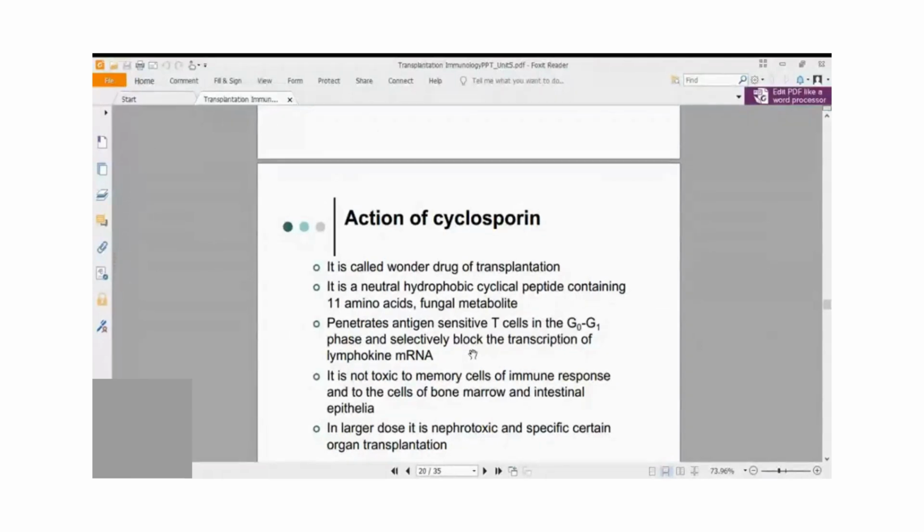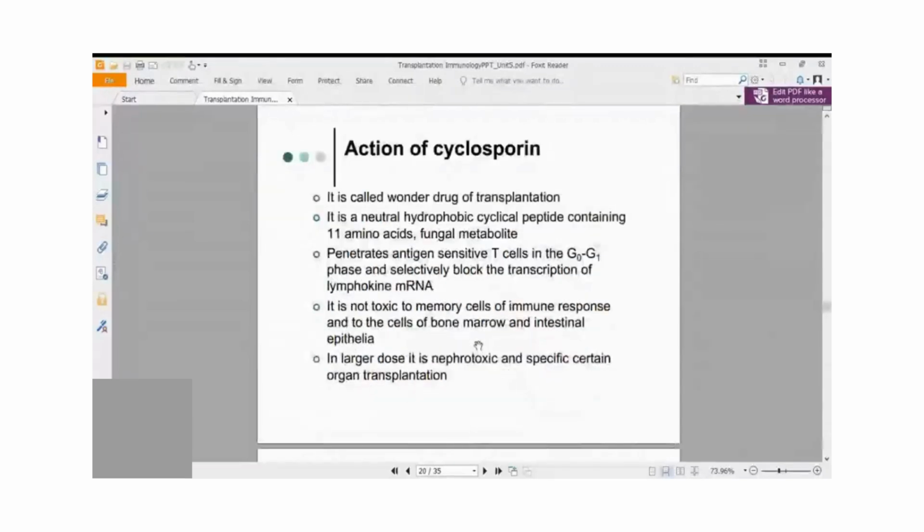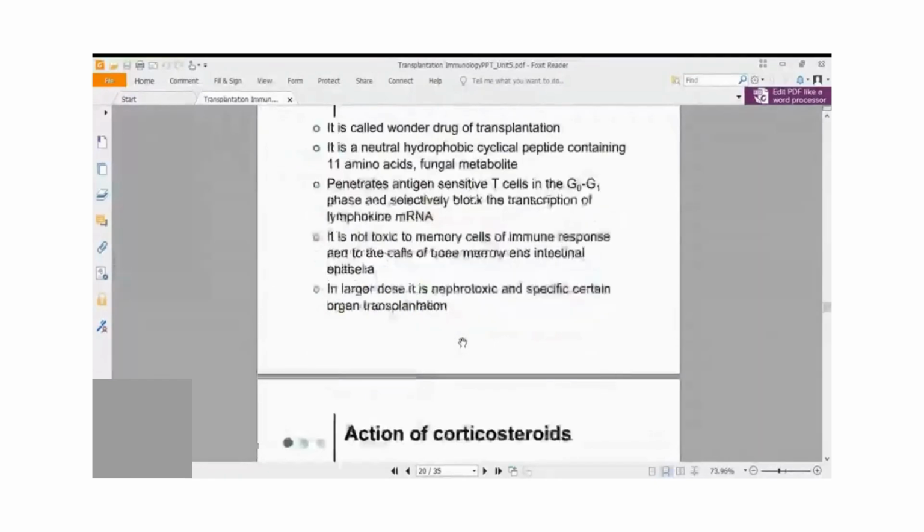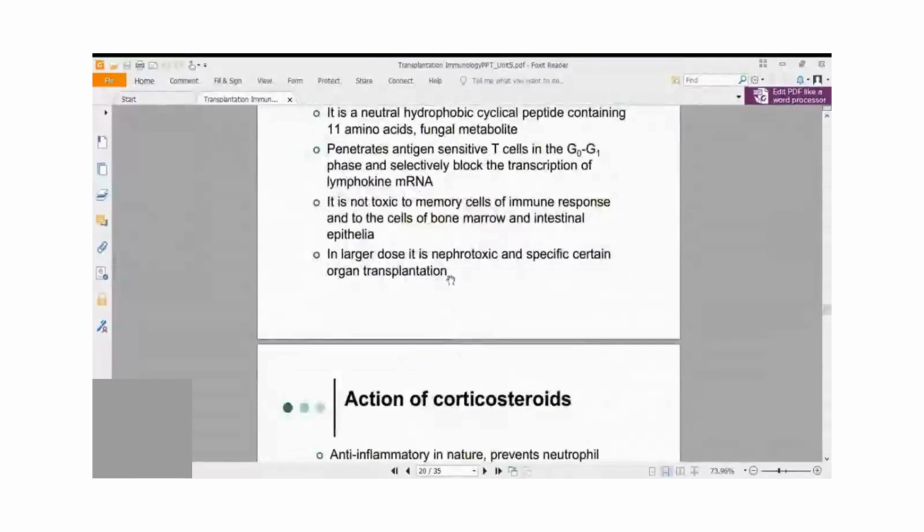Therefore, it has to be used in a very measured manner by professional doctors, and it is not available across the counter without prescription. It is given to transplant patients as well as patients suffering from autoimmune disorders, where it can prevent the T cells that are responsible for causing aggravated autoimmune disorder, so the aggravation of the autoimmune disorder can be prevented.